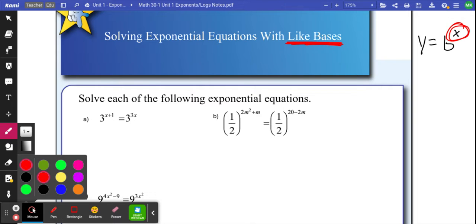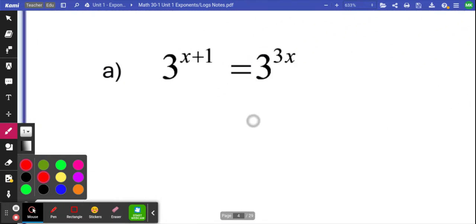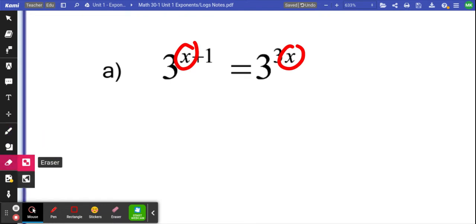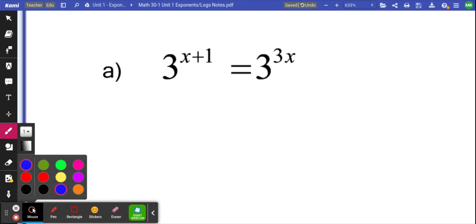If you can take a question like this, the first thing I notice is that the x's are in the exponents. Then what I want to try to do is make the base of the power the same. In this question, it already is. They're both base 3. See how they have the same base of the power?